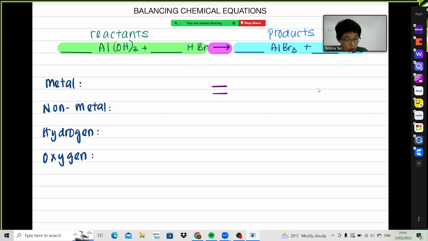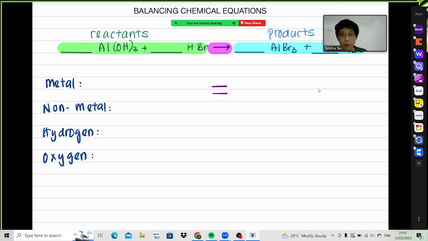So now coming back to this reaction, let us list down according to this order. I'm going to keep the green ink for the reactant side. On the reactant side, if you are familiar with the periodic table, the elements on the left hand side of the periodic table are metals. In this case, we notice that aluminium is not exactly on the left hand side, but again, if you're familiar, the metals come from group 1, group 2 and group 3, and aluminium is group 3.